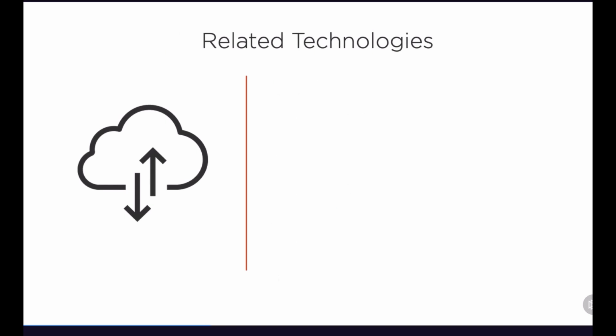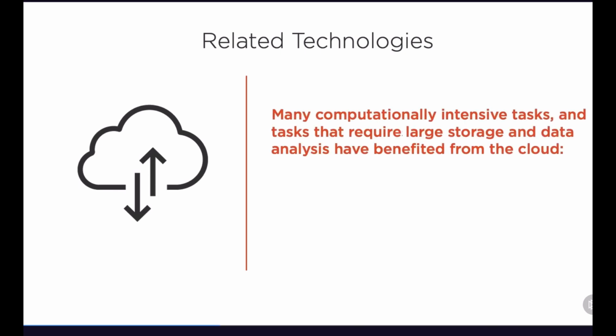The cloud, of course, has to interface with many different technologies today. And of course, a lot of these are computationally intensive tasks. Things we used to talk about grid computing to solve very large mathematical challenges, for example.